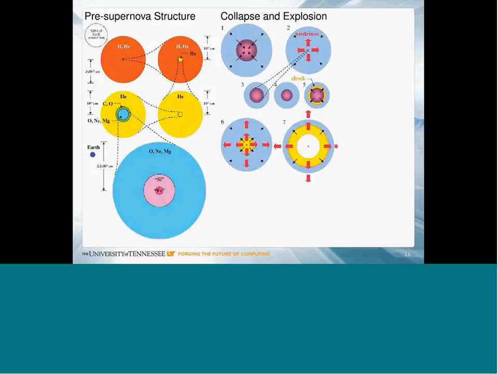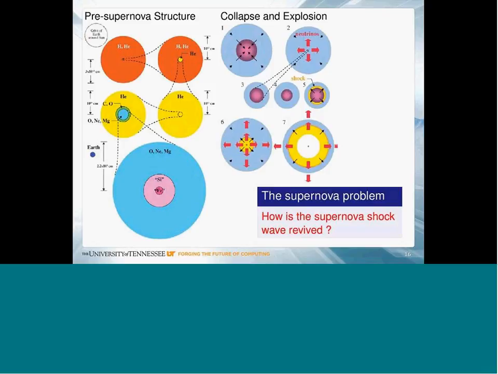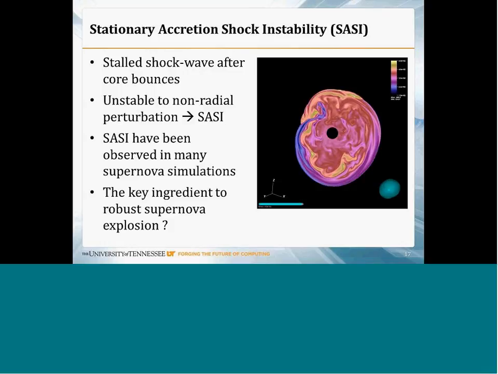So the question in core collapse supernova research is how the stalled shock wave is revived. This has been ongoing research for the last four or five decades, and the elucidation of this mechanism is still being investigated. But I'm going to stop there and talk about this stalled shock wave.